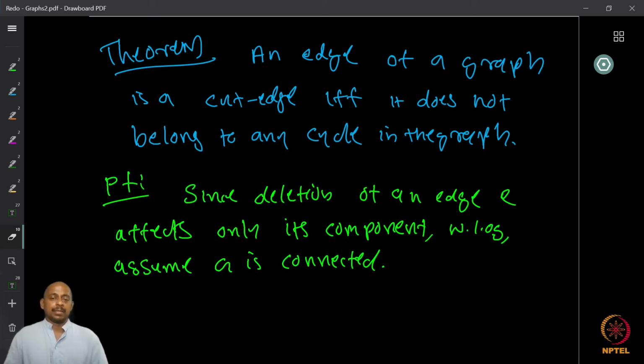So without loss of generality, we can assume G is connected, because if it increases the number of components, then it must definitely increase the number of components from its own component. So we will start with the assumption that our graph is connected.